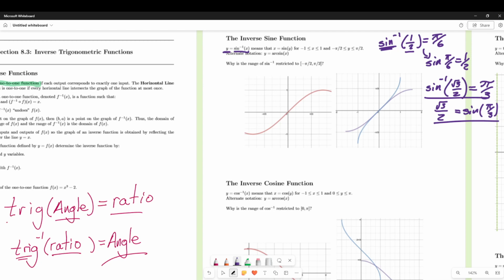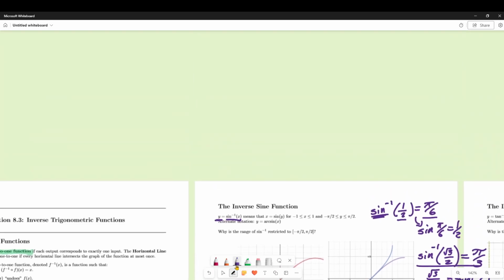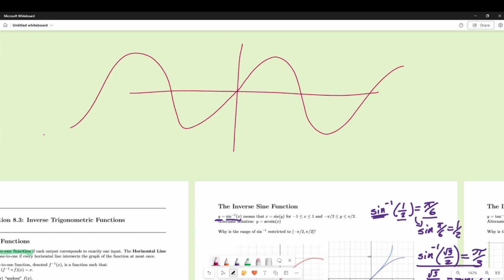Now you might have already thought of what one of the big problems might be. Pi over 6 is not the only angle for which sine gives you 1/2. If we look at a graph of sine, we all know what sine looks like nowadays. And if we look at 1/2, sine equals 1/2, sure, at pi over 6, but also at 5 pi over 6.